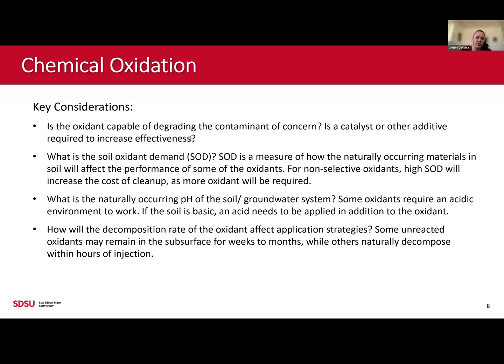So we have to consider this SOD if we're doing it in situ only.